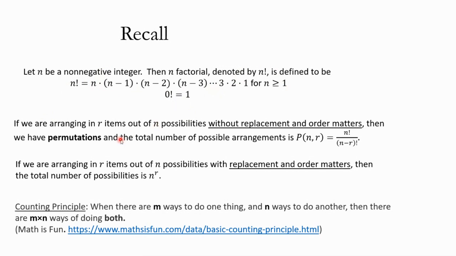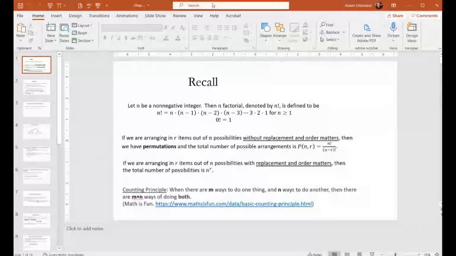And we also saw permutations. If you can't see the notes or you can't hear me, let me know.